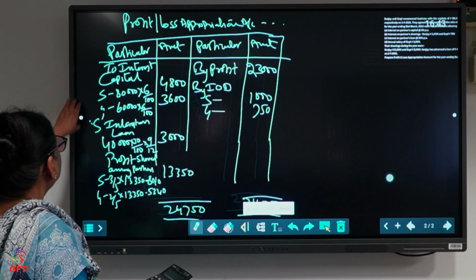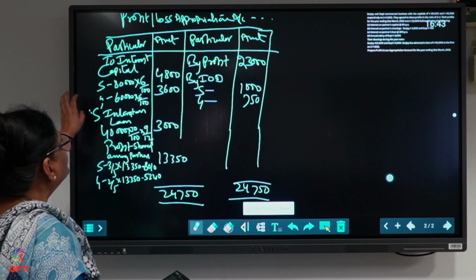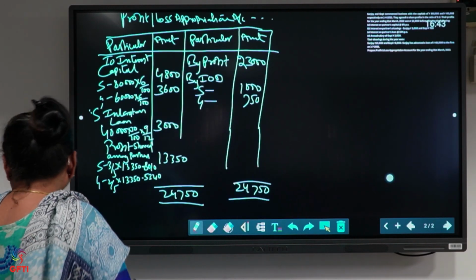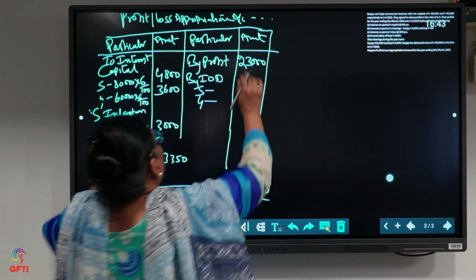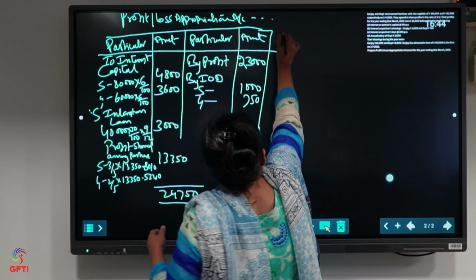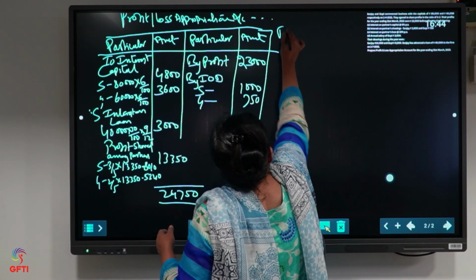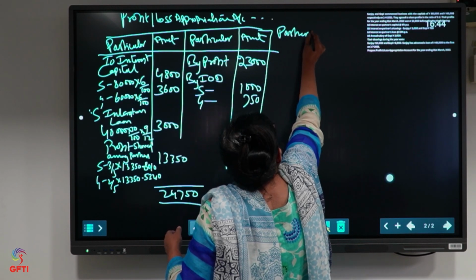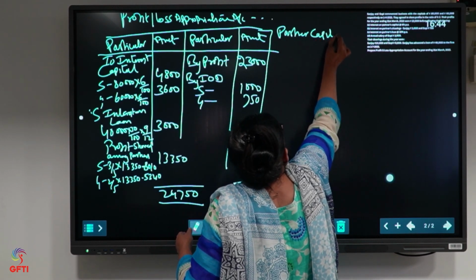Now there are two methods of calculation for partners' capital.